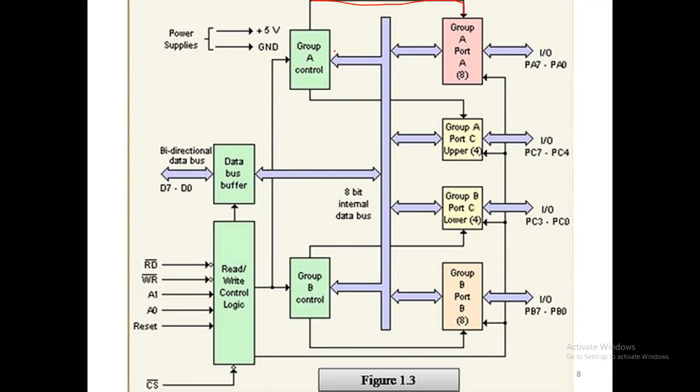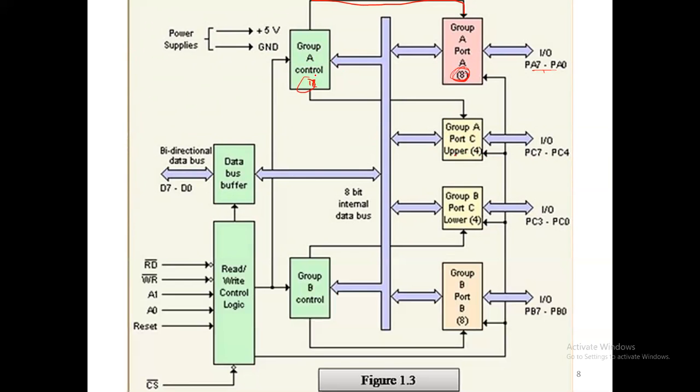Group A control covers port A full, PA0 to PA7, 8 pins, and port C upper part, PC4 to PC7. So these 4 and 8 make 12. This 12 is controlled by group A.